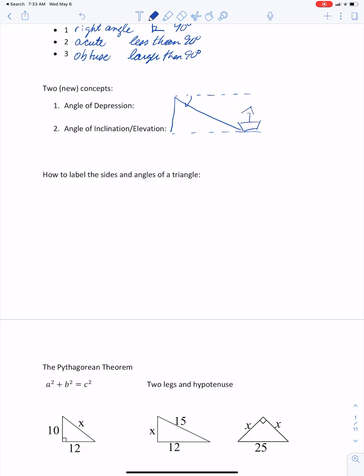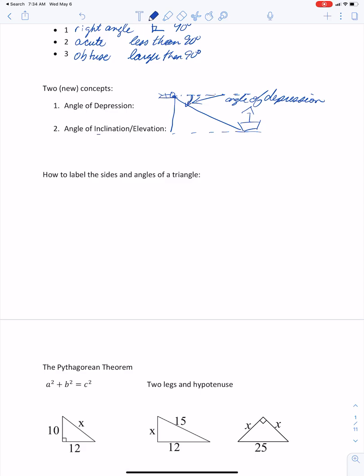There's our boat, and this is the line of sight from the top of the cliff. Someone is lying down here and looking at that boat. This is the angle of depression. So we have to remember it's from that straight line, which is just a line in the air, downwards.